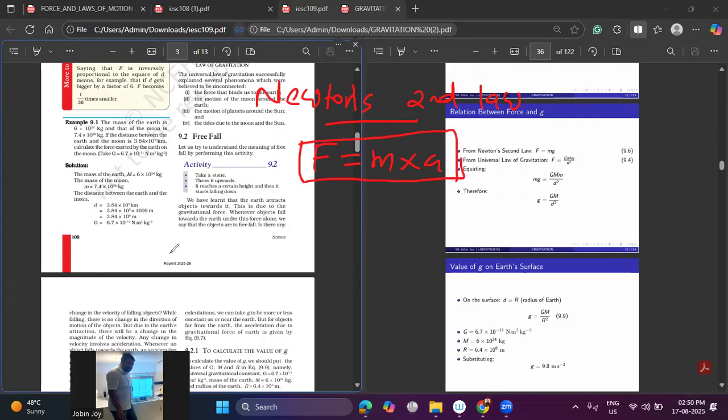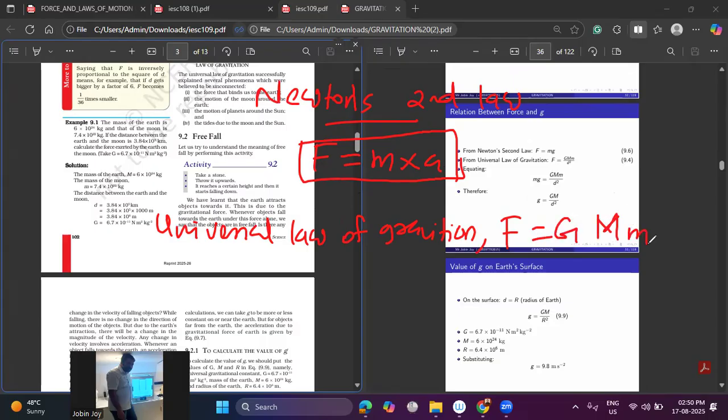Then from the universal law of gravitation, F is equal to capital G, capital M, small m divided by d square.